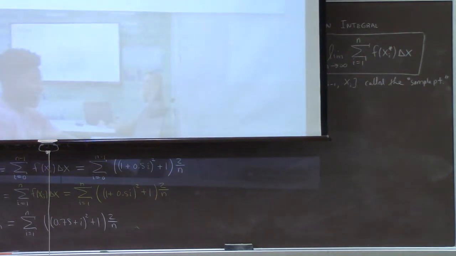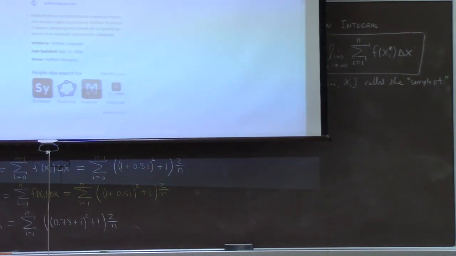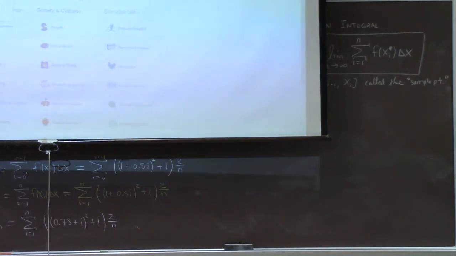www.wolframalpha. All right, now, if I was going to be lazier, I would look at the link I sent you guys in Blackboard, but I'm just going to try it out.